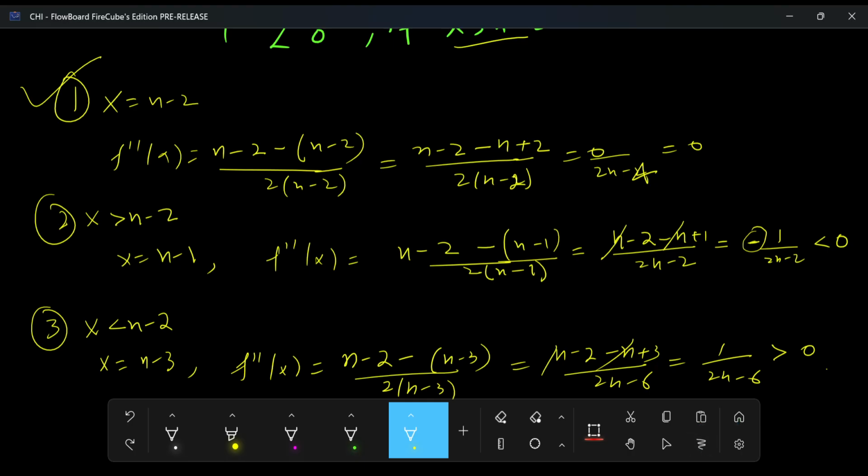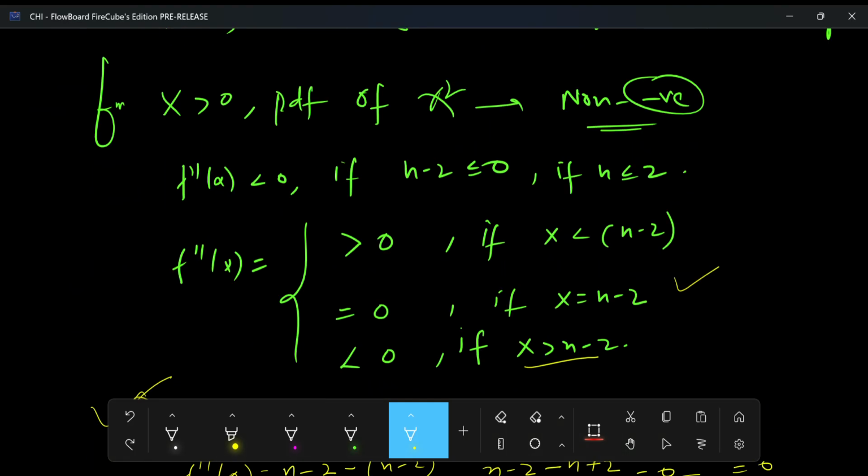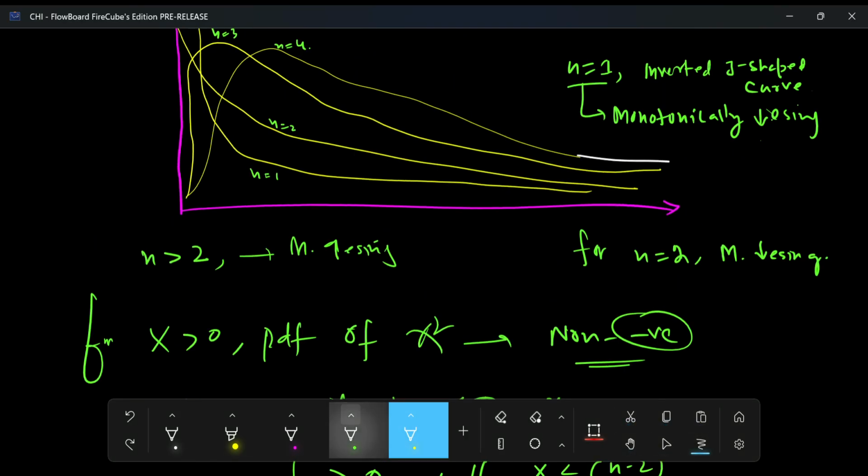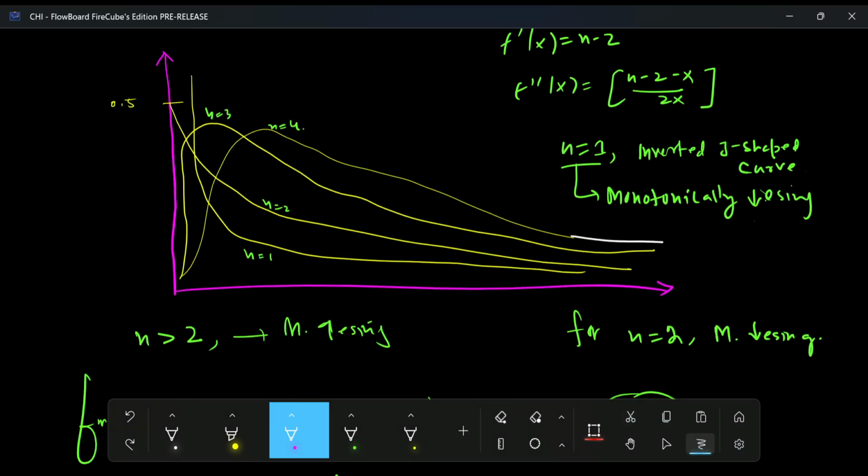And as you can see from the graph, if you are asked to give the answer for n equal to 1, n equal to 2, n equal to 3, n equal to 4, where we get the positive skewed graph.